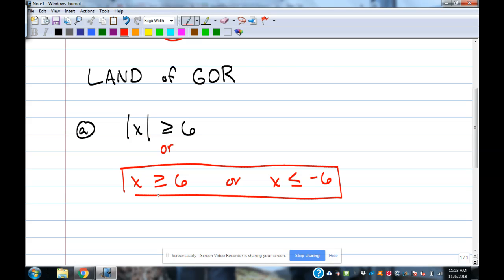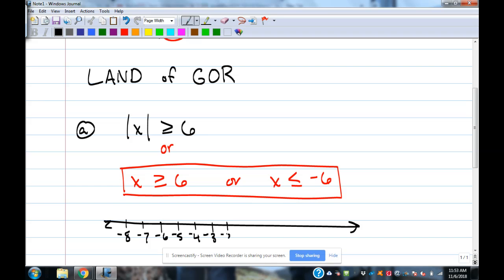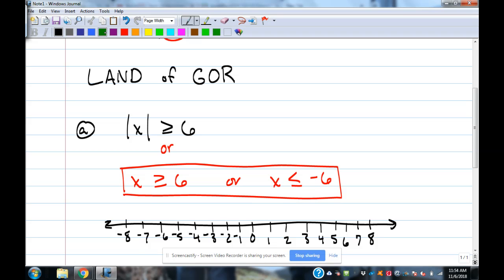When we graph that on a number line, what goes above positive 6, open circle or filled in?